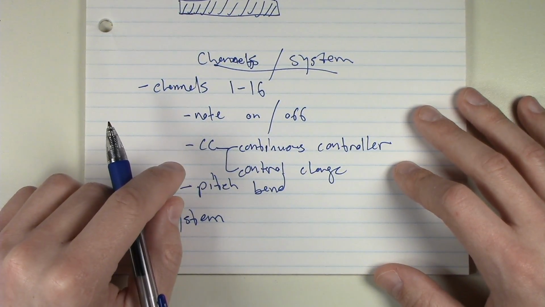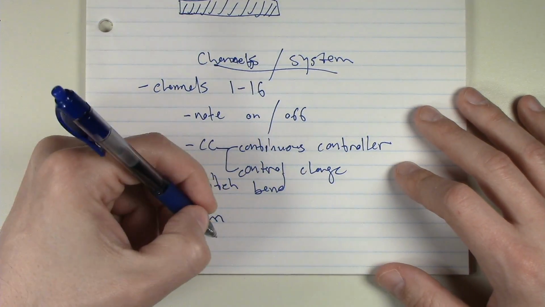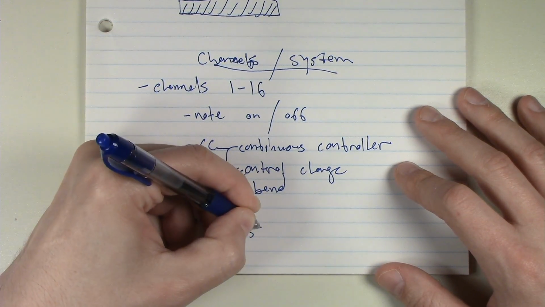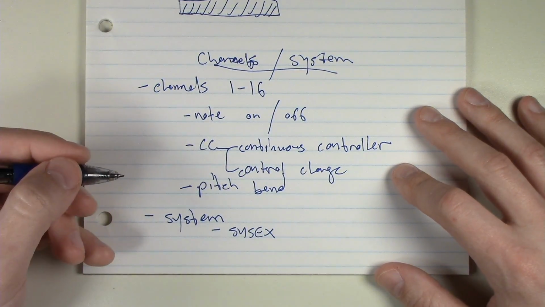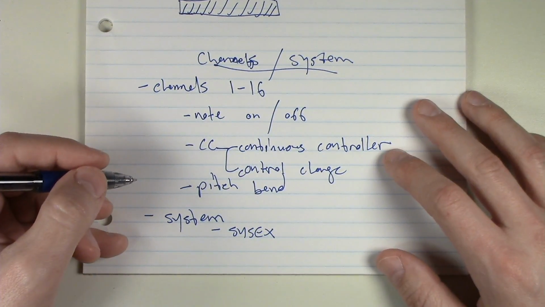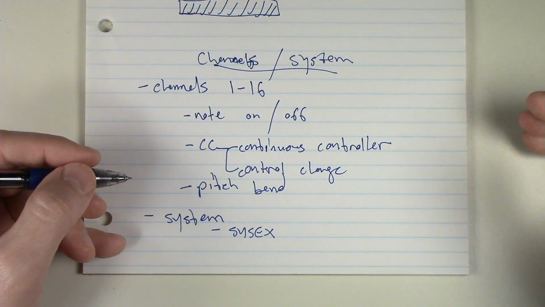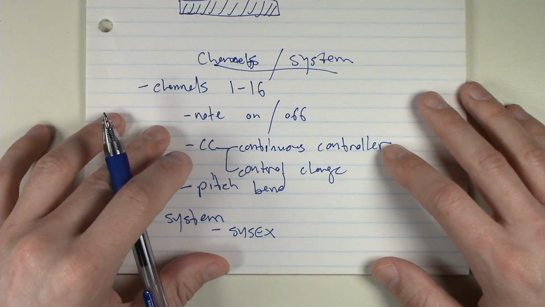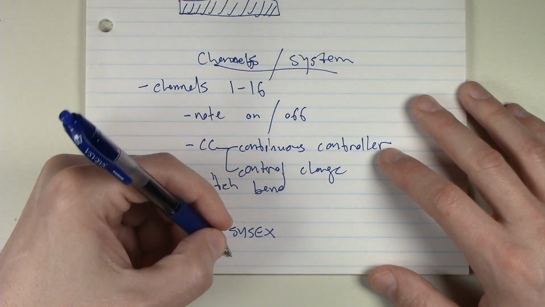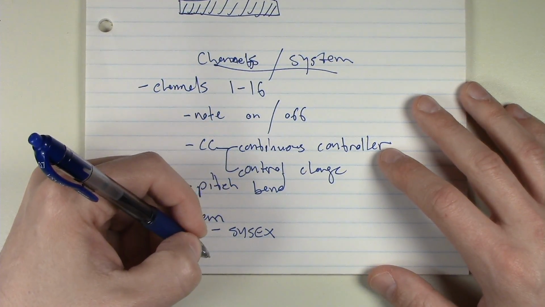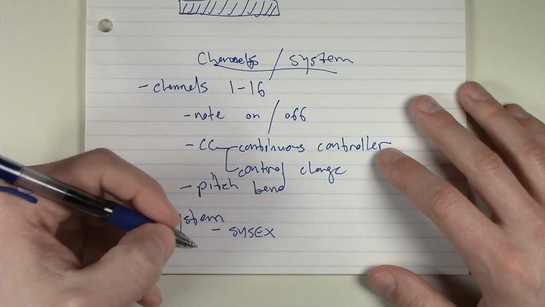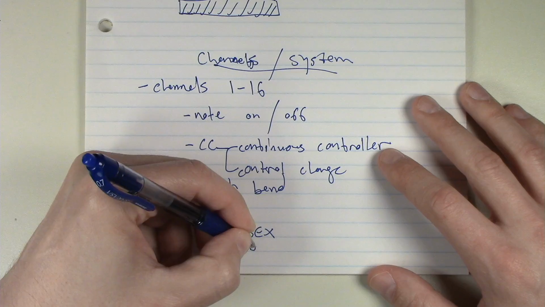That's a system message. System exclusive, which is used by manufacturers to send specific kinds of data, for instance, like firmware updates or specific patch dumps and things like that. That's SysEx data.